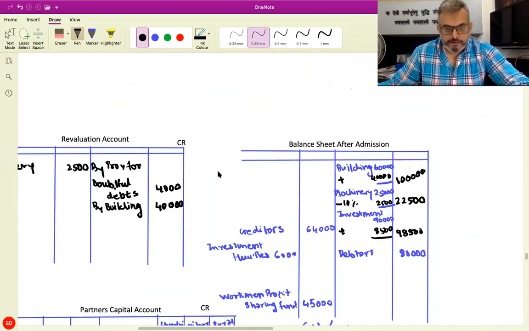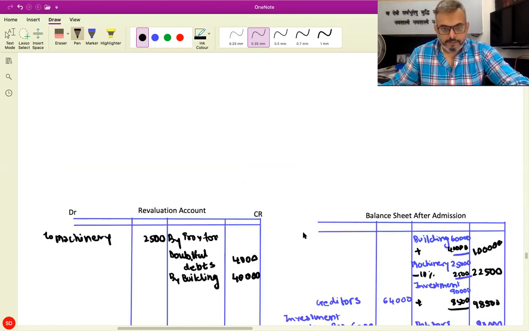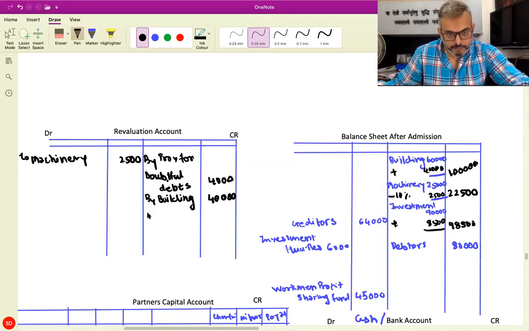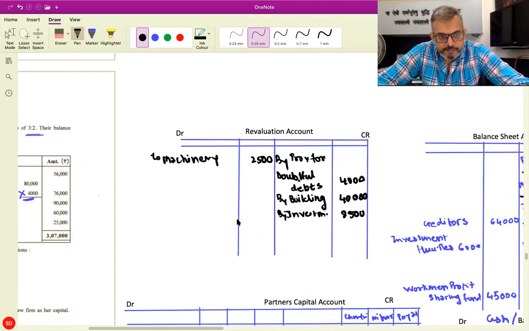Next, revaluation account credit side. By investment 8,500. By investment 8,500.